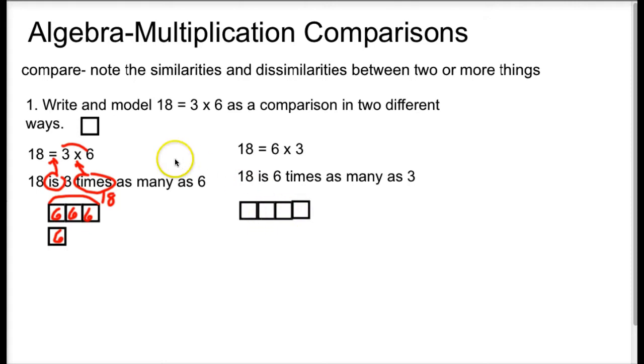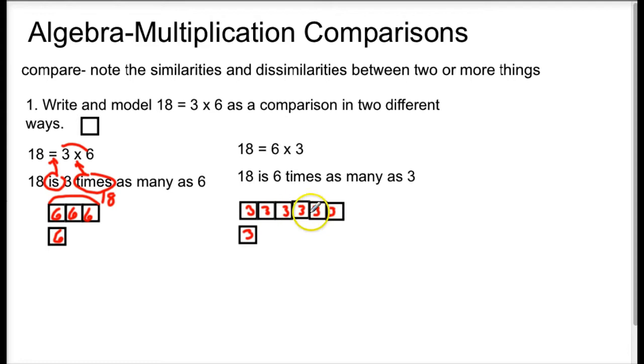1, 2, 3, 4, 5, and then 6. And then we will have 1 box on our bottom to represent the second piece of our model. Inside of these, we're going to put the number 3, because 6 times 3.